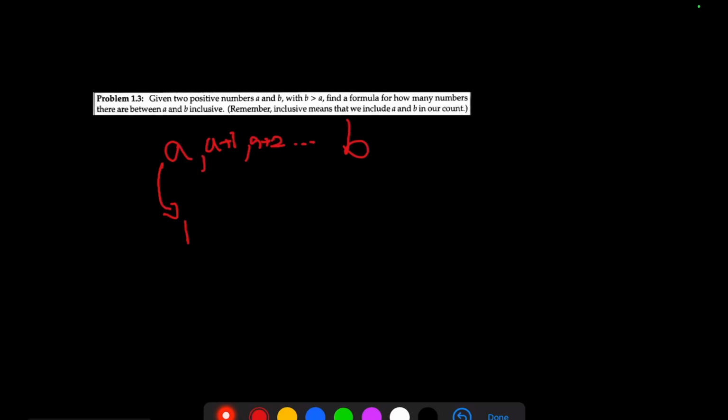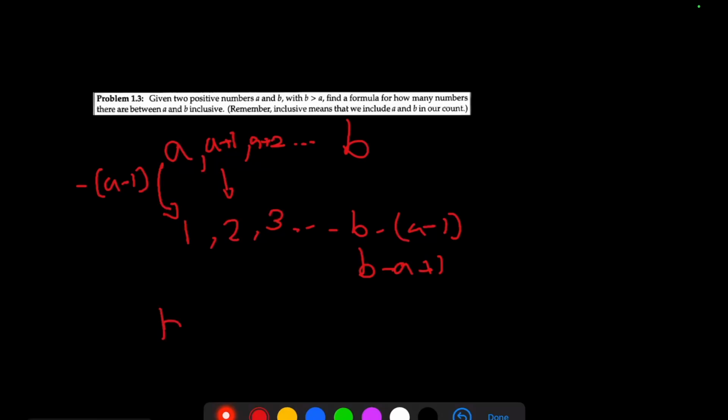To go from a to 1, you need to subtract a minus 1. So you'd get 1, this will become 2, this will become 3, all the way to b minus (a minus 1). This can be simplified to b minus a plus 1. And that's our formula: b minus a plus 1.